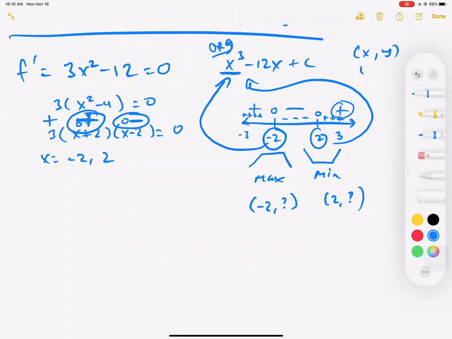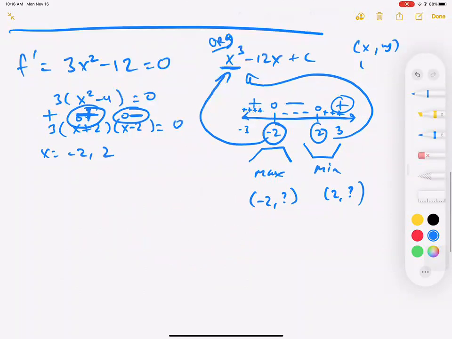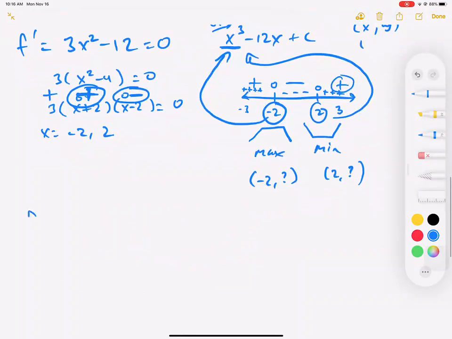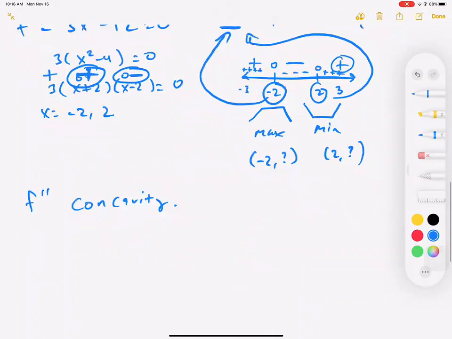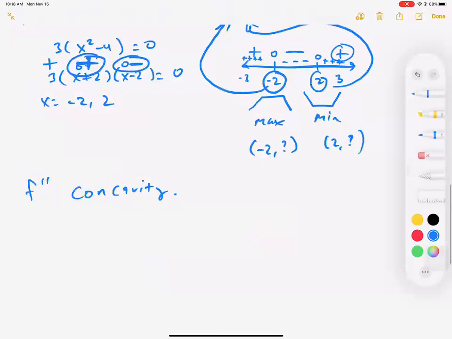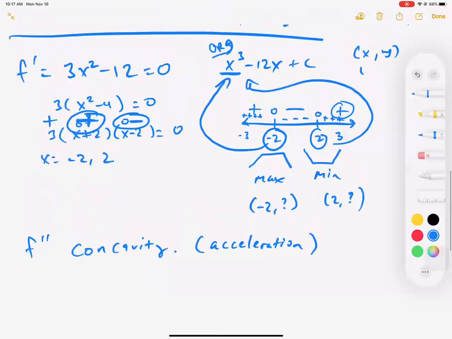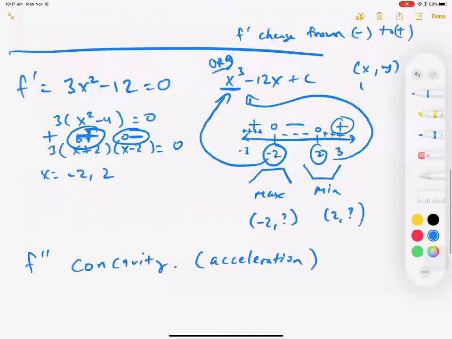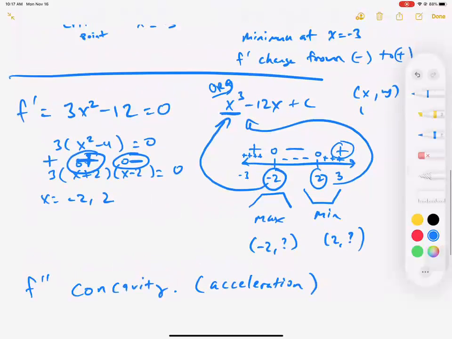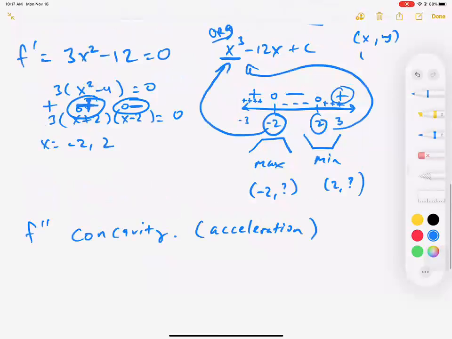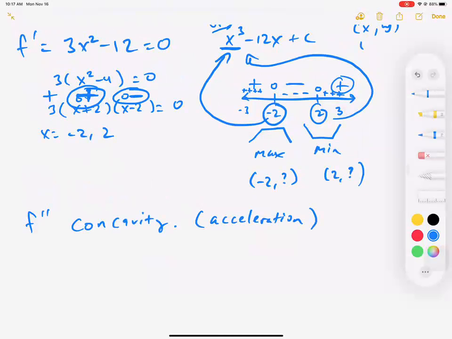Okay. Now, the second part of this is f double prime gives us concavity. And concavity is another way of thinking about acceleration. So if f prime is change, when you're driving a car, your speed tells you how fast you're changing, like miles per hour.